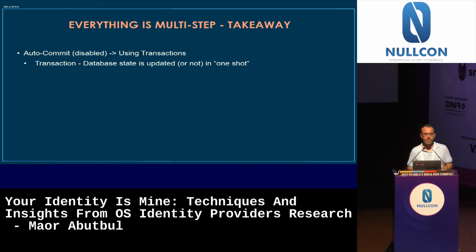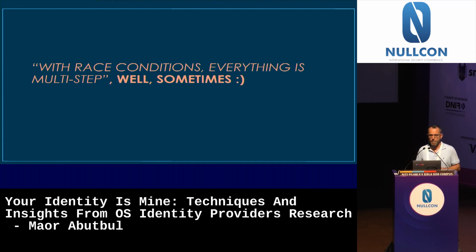Auto-commit disabled means that the application is using transactions. Transactions means the database is updated in one shot or not at all. So in this case, transactions prevented us from gaining unauthorized access. With race conditions, everything is multi-step. Well, sometimes. But now we know how to properly find and avoid race conditions.